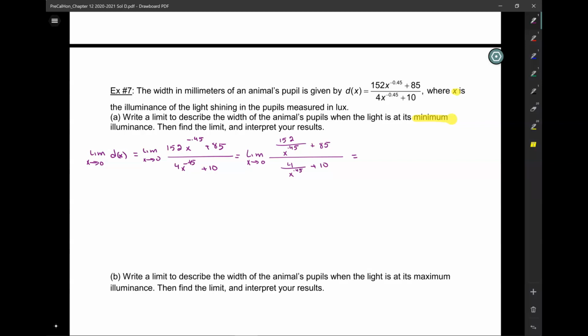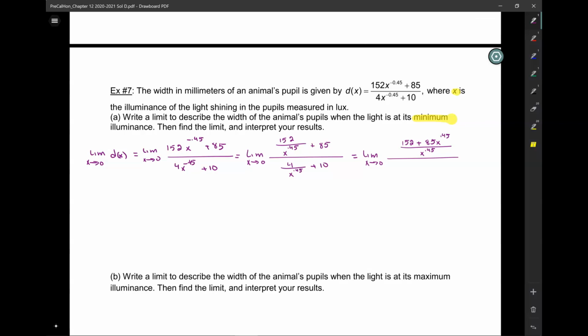Okay, that's fine. Let's do some more algebra. Limit as x approaches 0. What is this? Let's do a common denominator. 152 plus 85 x to the power of 0.45 over x to the power of 0.45.